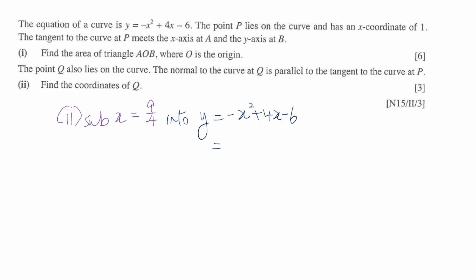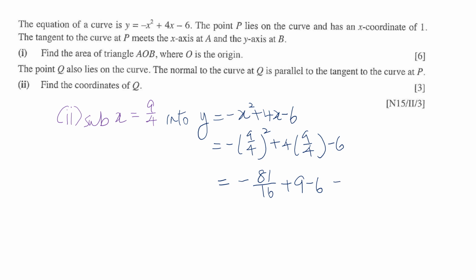Right, and then I did a calculation error here. That will give you negative 2 1/16. So therefore your coordinates for point Q will be 9/4, comma, negative 2 1/16.